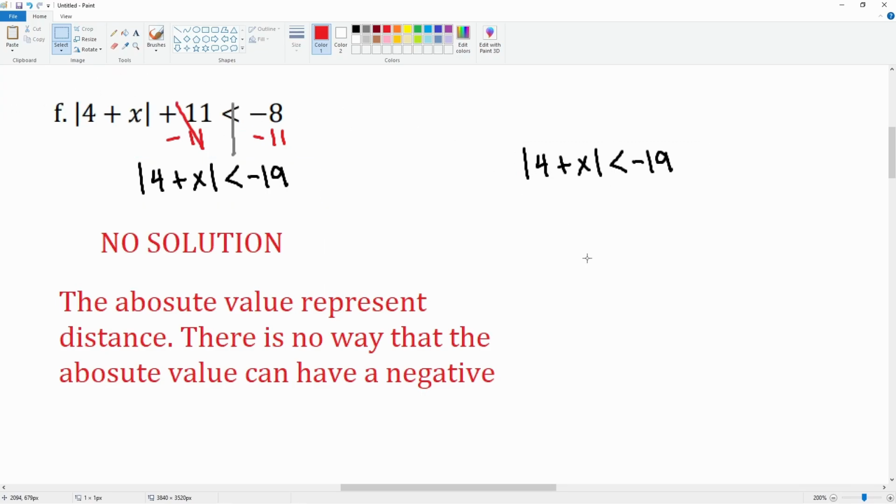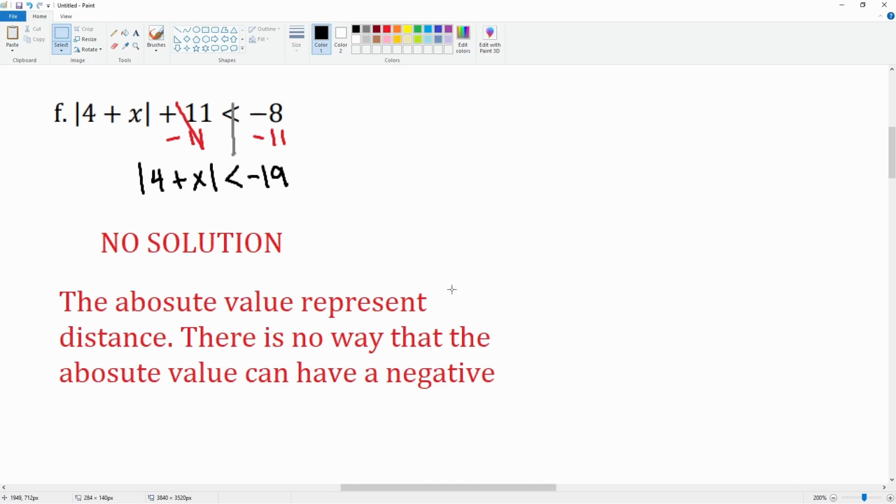Whatever number you put in for x, let's say you put in a 5, it becomes a 9. That's impossible for it to be less than negative 19. Let's say you put in a negative 20. It becomes negative 16, but it still becomes a positive number. So notice that the left side will always be positive. It's going to be impossible for the left side to ever be less than negative 19. So no solution.